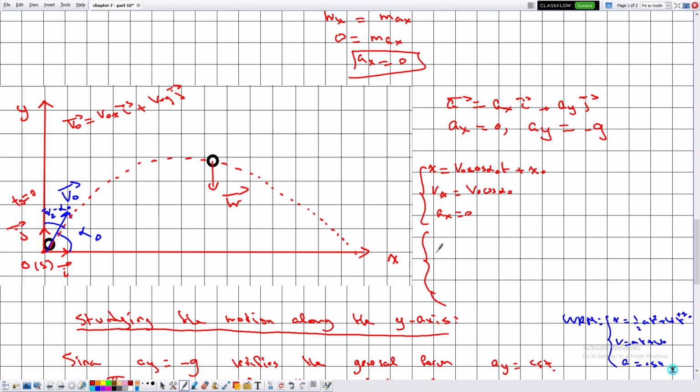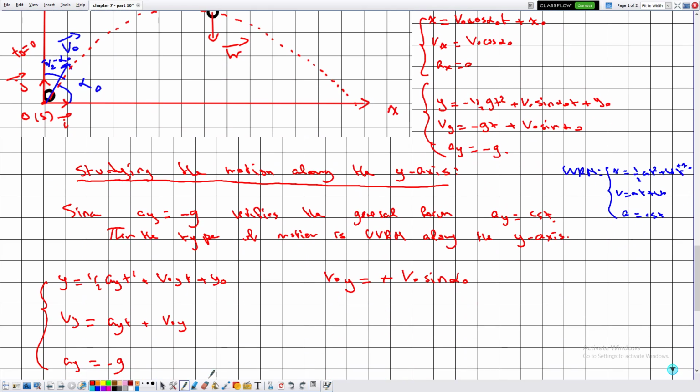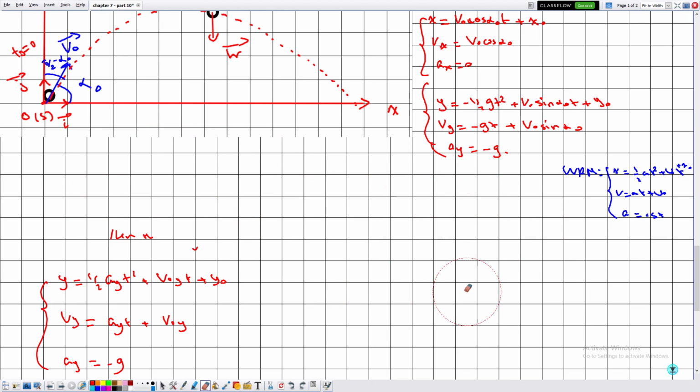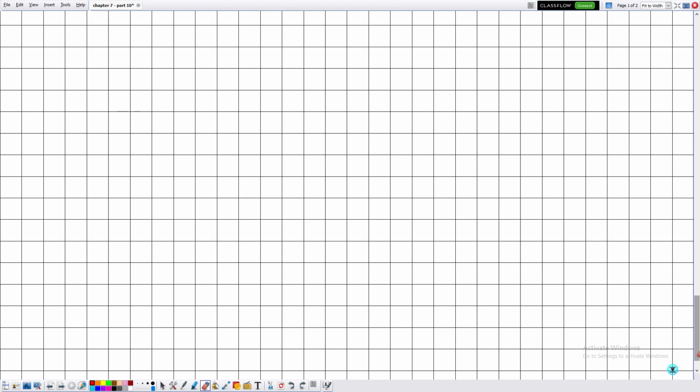So we have that y is equal to minus half gt square plus v0 sine alpha 0 t plus y0. We have that vy is equal to minus gt plus v0 sine alpha 0, and ay is equal to minus g. Okay, so these are the time equations for a projectile motion.